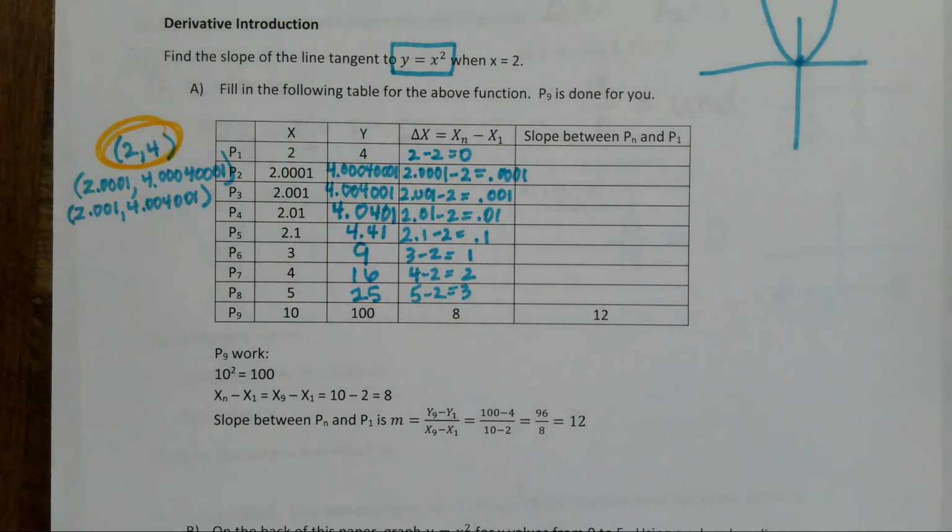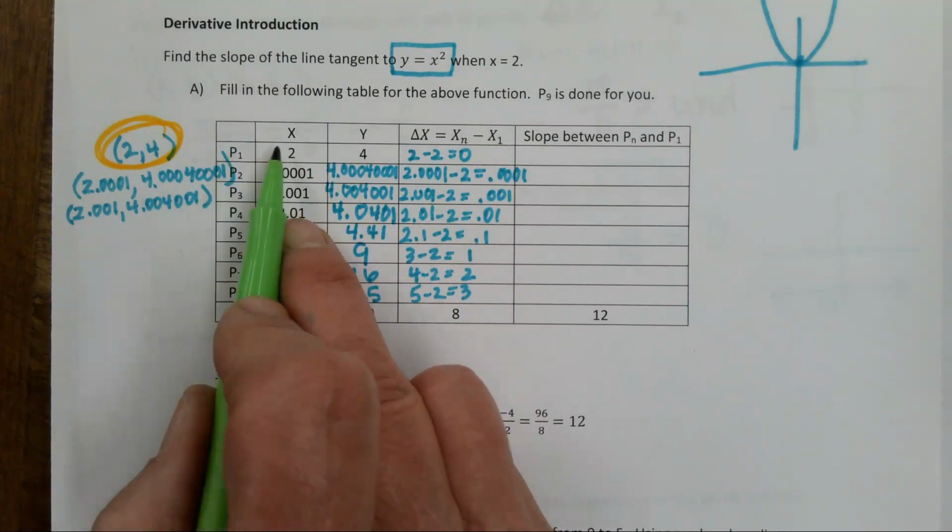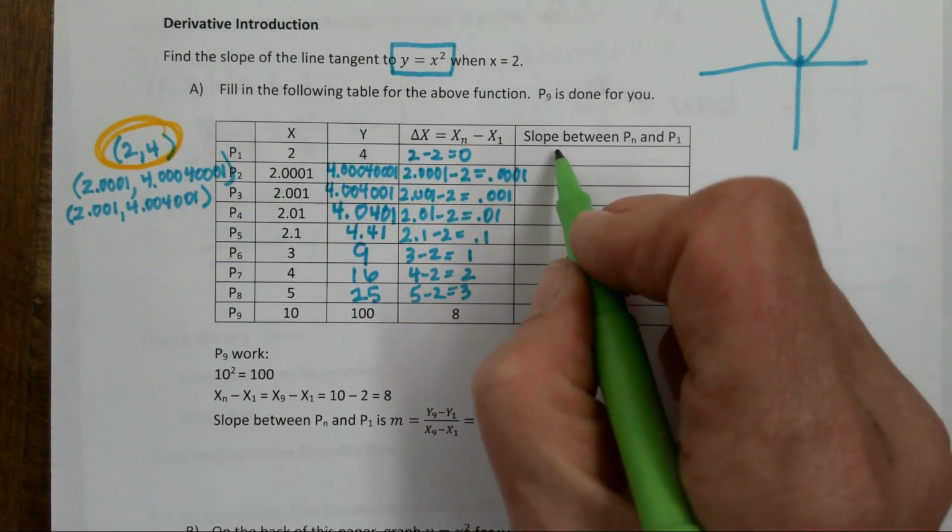All right, so it's all about slopes in this chapter, working on finding slopes. I'd like to get some sharing of values when people get a chance. If I try to find the slope between the first point and itself, it's going to be undefined.